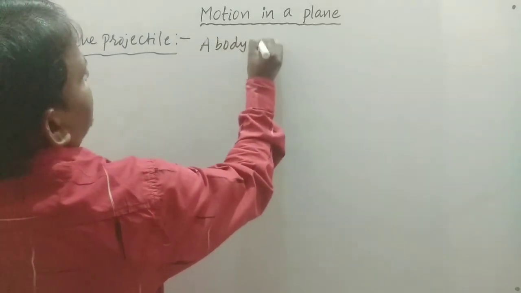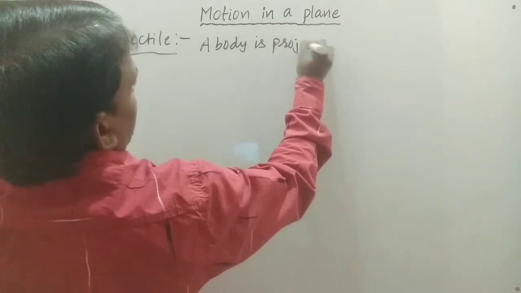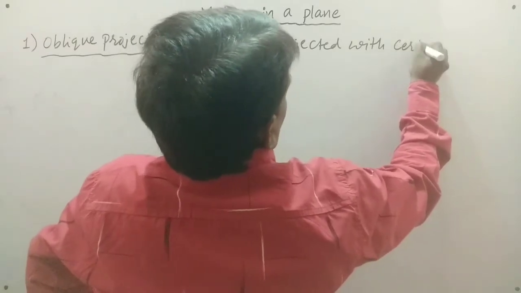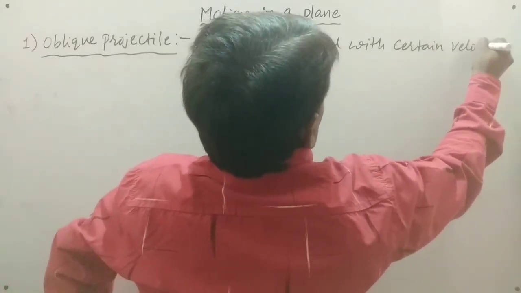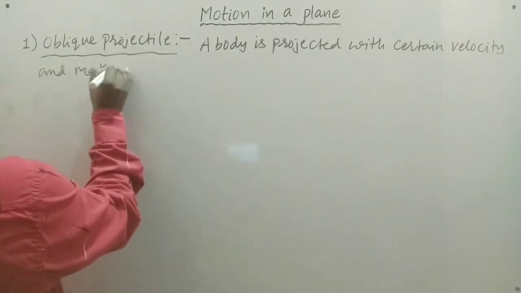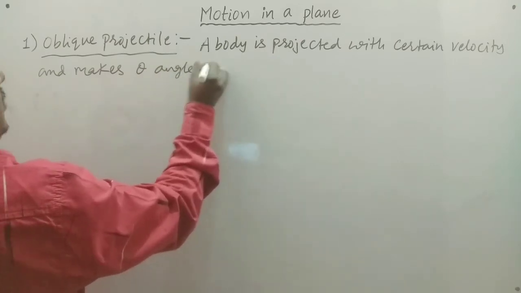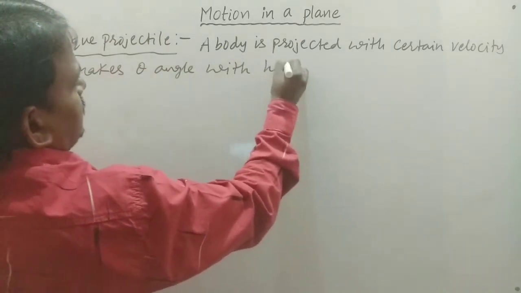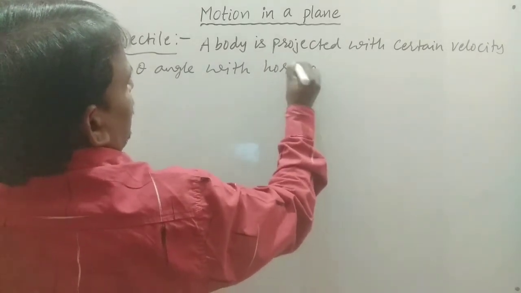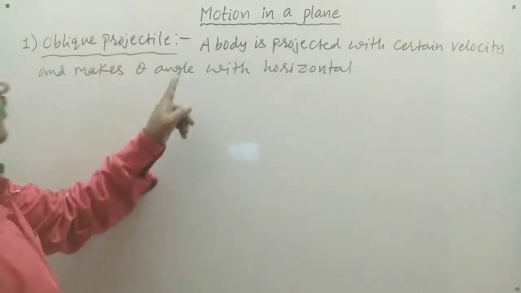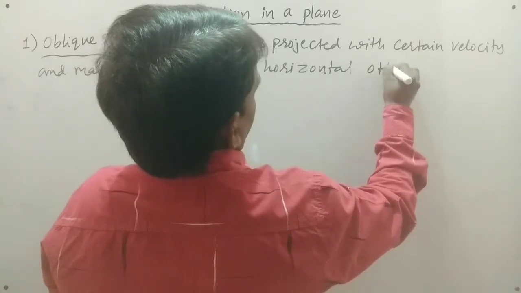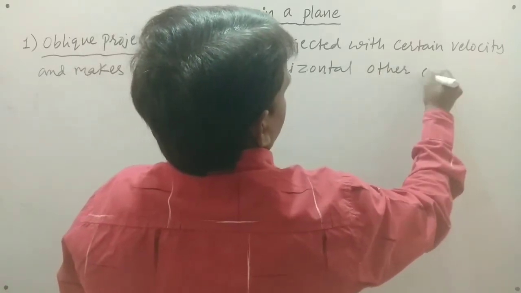A body is projected with a certain velocity and makes theta angle with the horizontal, other than 0 degrees and 90 degrees.